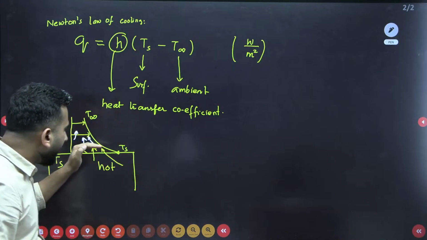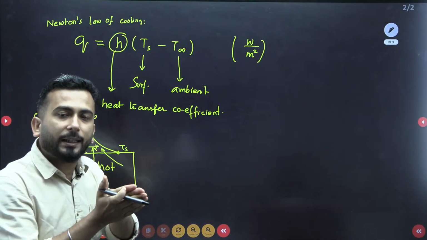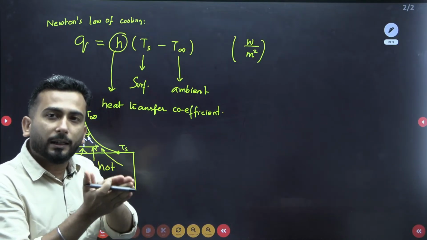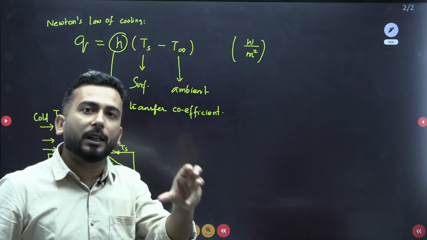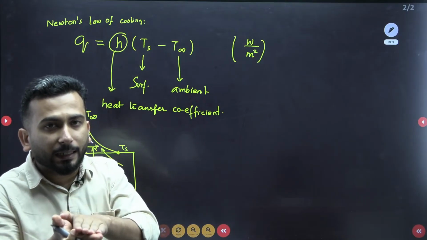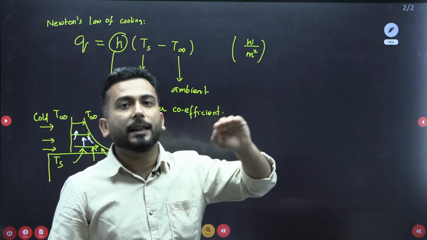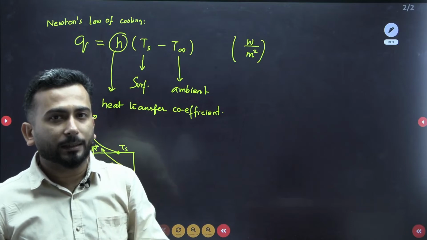But initially, that stationary layer is taking heat due to conduction. That means when we study convection, there is conduction taking place at the first layer, and then in the subsequent layers convection, that is bulk motion, also takes place.